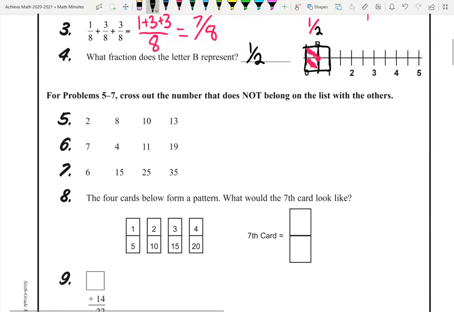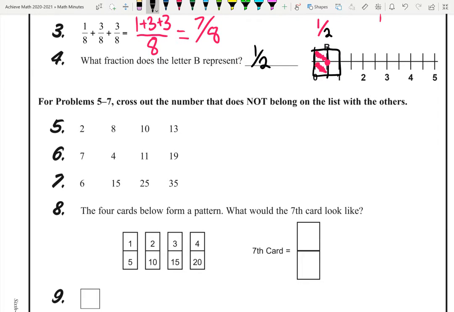Number 5, if you look at this list, you might notice 2, 8, 10. These are all even. Even numbers are multiples of 2. This means they are divisible by 2.